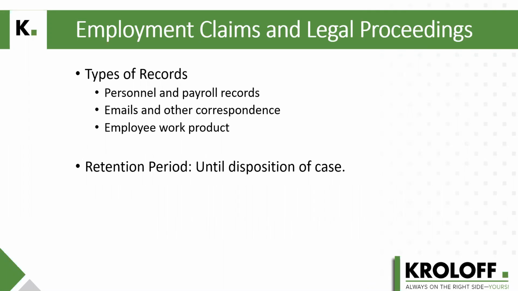That may be after the appeal period has run, for example, you would want to consult your attorney, but this would include any personnel and payroll records pertaining to that employee, any emails or other correspondence with the employee or amongst other employees about that worker, and potentially employee work product, and sometimes other documents such as calendars and other items pertaining to this person's employment. You'll want to consult your counsel with regard to what types of documents should be kept, but those need to be kept through the end of the case.